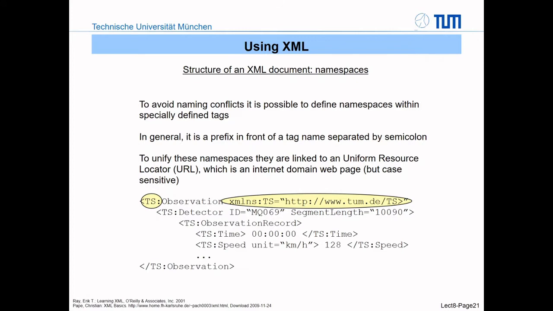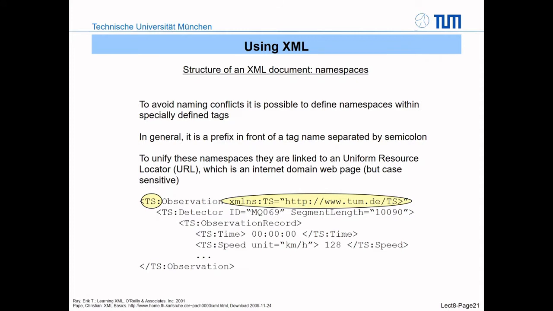Namespaces in XML are nothing more than additional information which you add ahead of the markup name. So in this case, for example, TS, and you use a colon, and then this TS is the namespace, and this colon is the separator to the name of the markup.